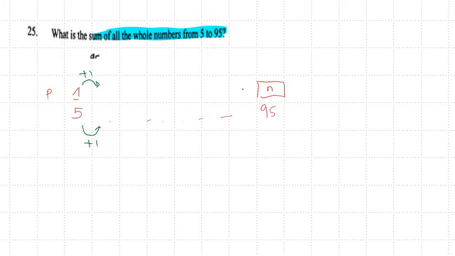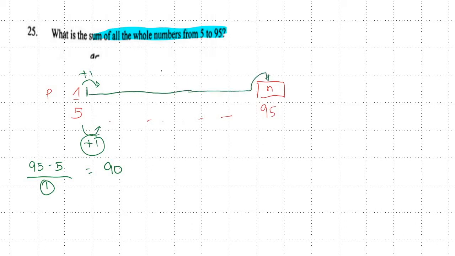Cool. So I want to find my n. I first use 95 minus 5, divided by 1, because the jump down here is 1. So it's 90. Am I right? It means from here to here, there are 90 columns. Remember, here's the start point. So how do I find this number?